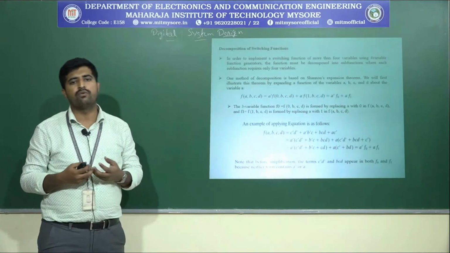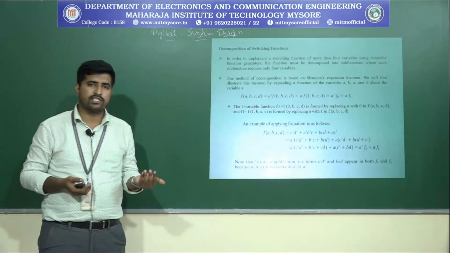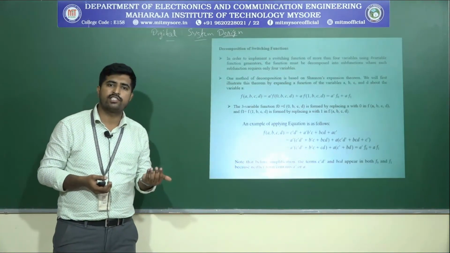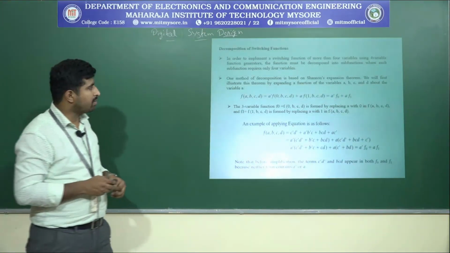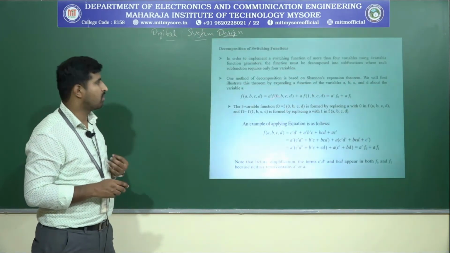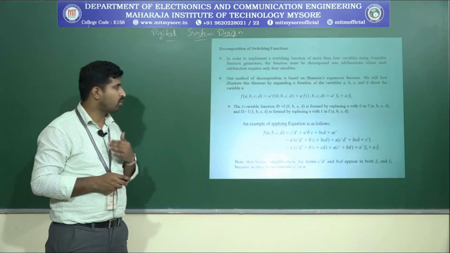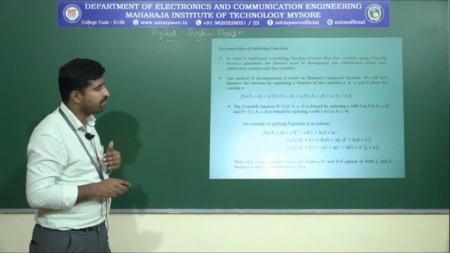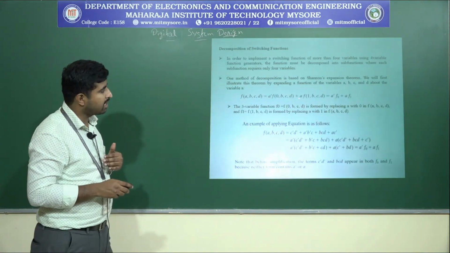So let's understand how we create the sub functions. Let's take a 4 variable function. How will a 4 variable function be represented by using 3 variable functions? Assume we have a function consisting of 4 variables a, b, c, d, and we expand the function by considering the variable a. So this is the function f(a,b,c,d), represented in terms of a bar and a.